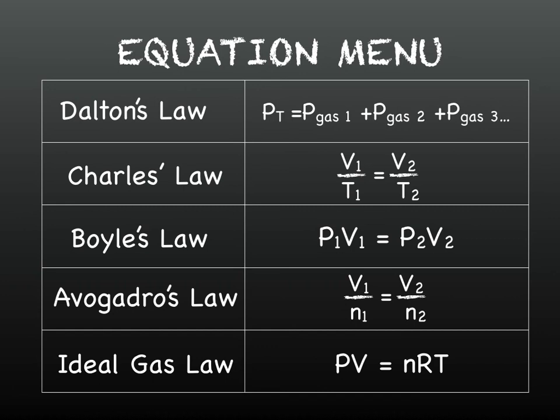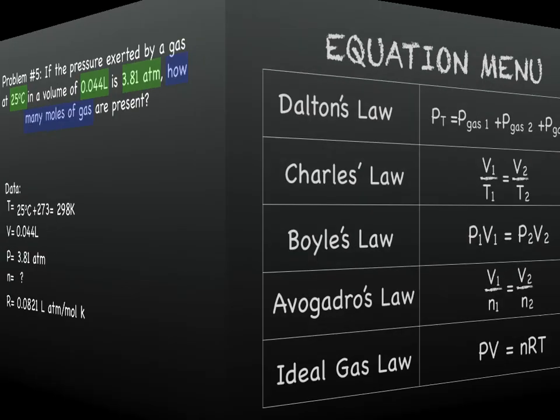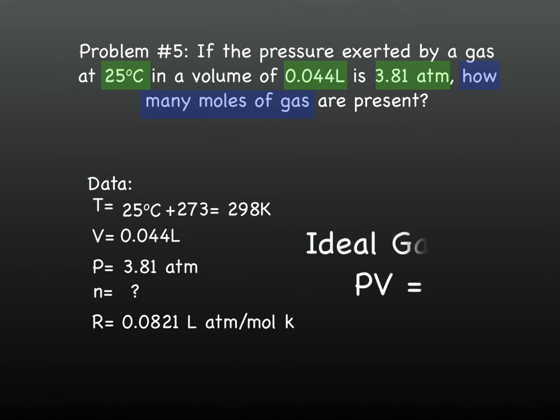Find the correct equation that has all those variables in it. Good. It's the ideal gas law. PV equals nRT. Copy it over onto your problem. And this is what we will solve for on the next video. Once again, leave some space.